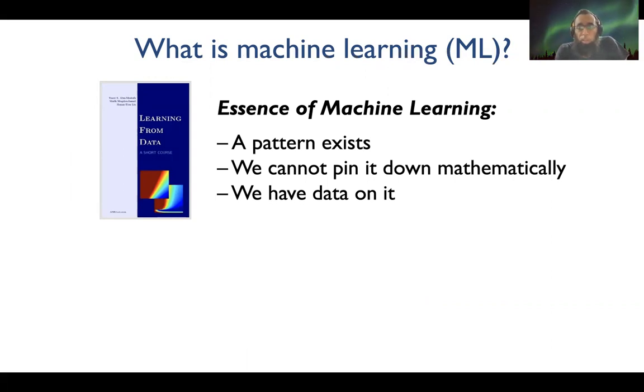The essence of machine learning is that, in contrast to the earlier knowledge-based approaches, you know that there is a pattern in some empirical process, but you find it very hard to describe it explicitly. You find it very hard to describe it mathematically. You cannot say with certainty that this is the relationship. It is a very complex thing.